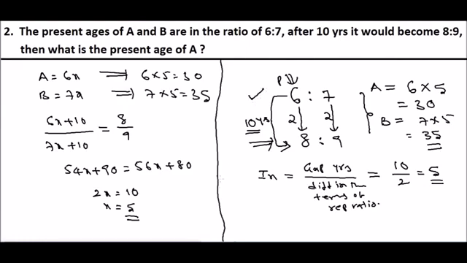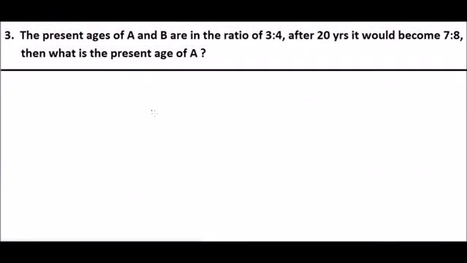Got the idea? Let's do one more problem based on the same thing. Now we will do this question directly with the shortcut. A and B are in the ratio of 3:4. What is the gap they have given in terms of years?